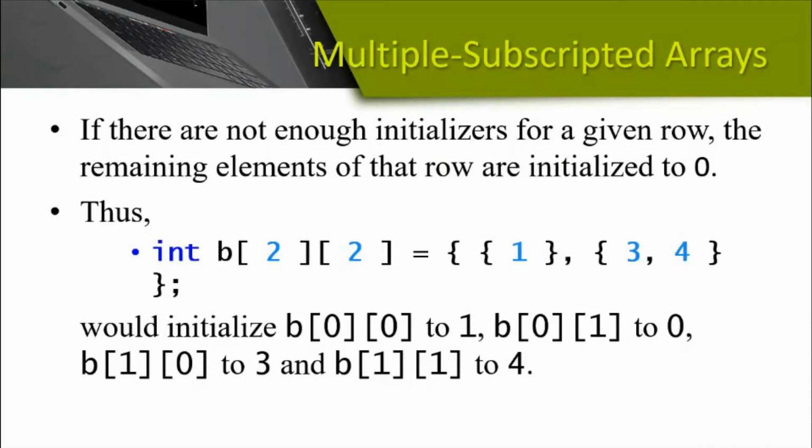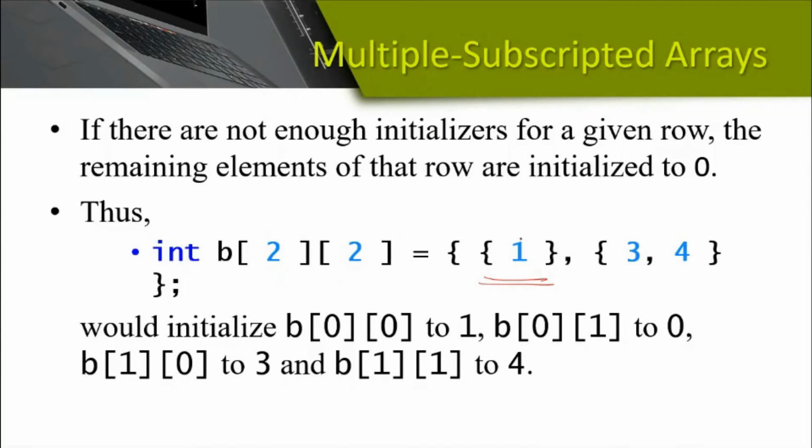Now, if there are not enough initializers for a given row, suppose only one element is coming up in the braces, but the number of rows is 2 as well as the number of columns is 2.